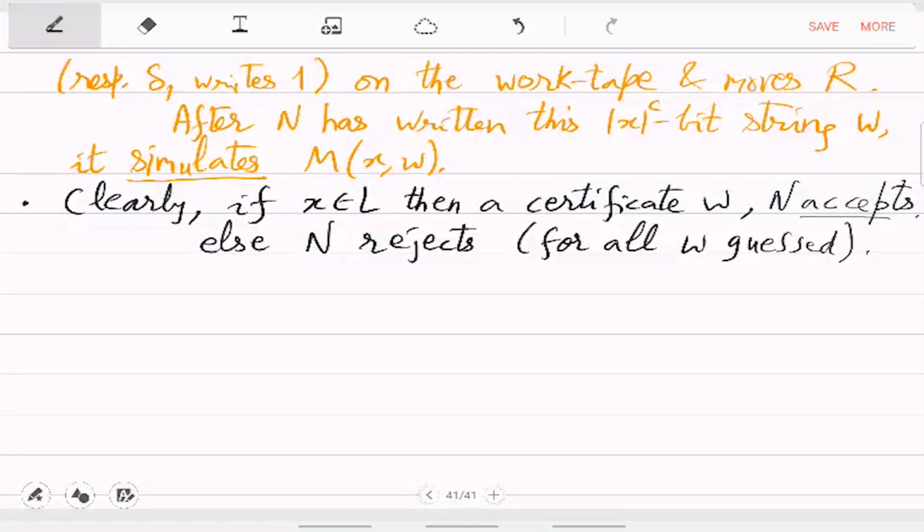So whatever guess N is making in the initial part, it will fail, and M will keep rejecting x comma w. That was guaranteed by the definition of L in NP.